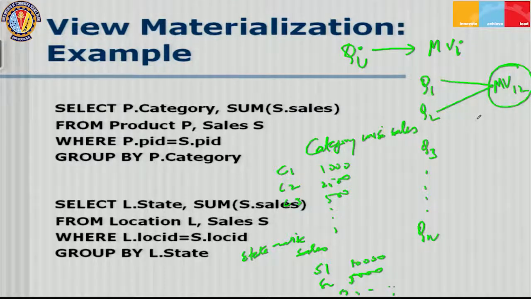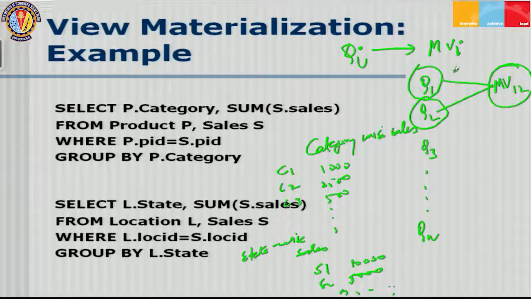It is not that you can have a materialized view which can 100% benefit both Q1 and Q2, meaning all the work of Q1 is done in this view and Q2 is also done in this, so that your response times are minimized. That is not possible.